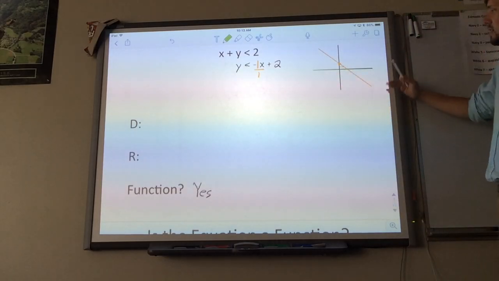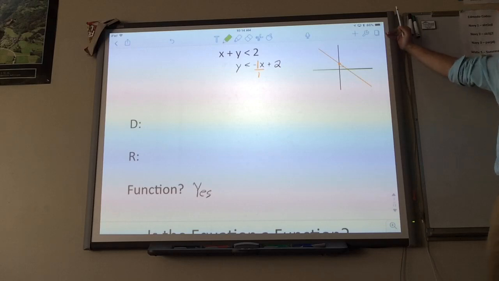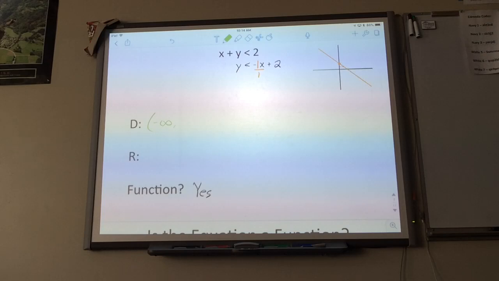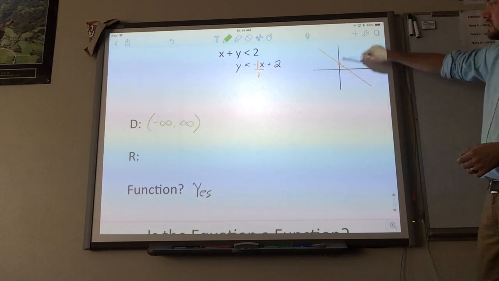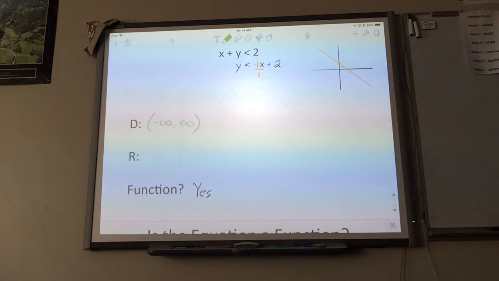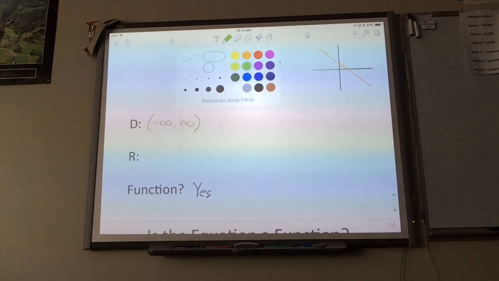So there is always going to be an orange line either below or above. So that's negative infinity to infinity. Okay, next, range. If we go on our y-axis, infinity, infinity, because it will always have something next to it.